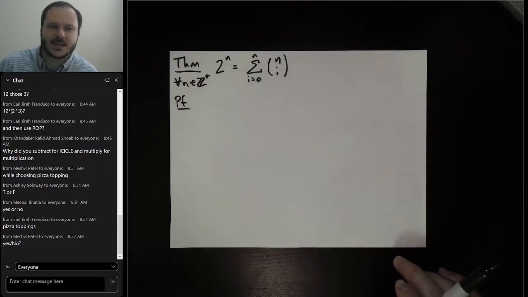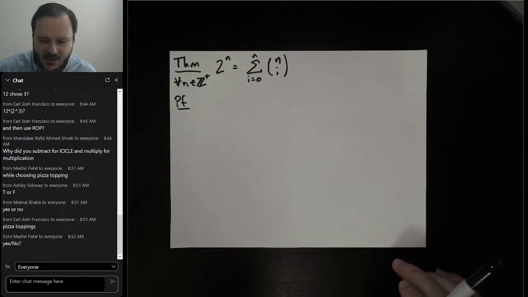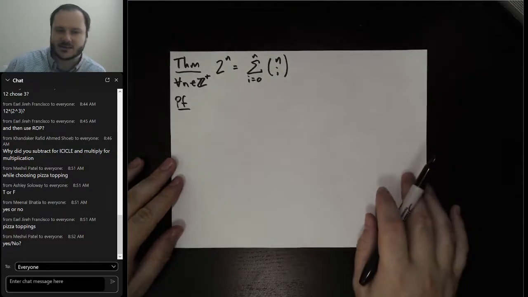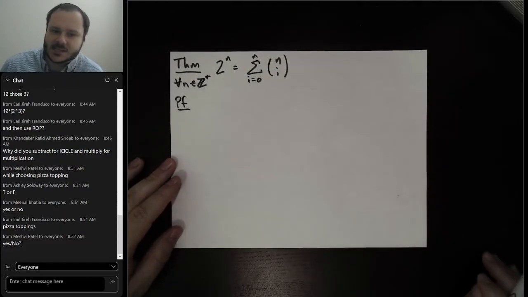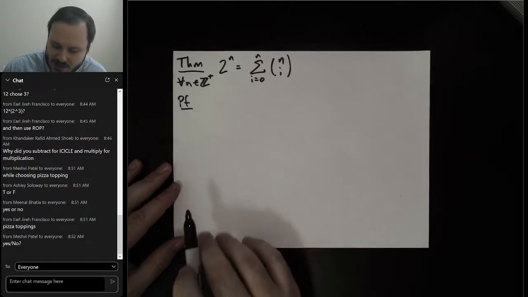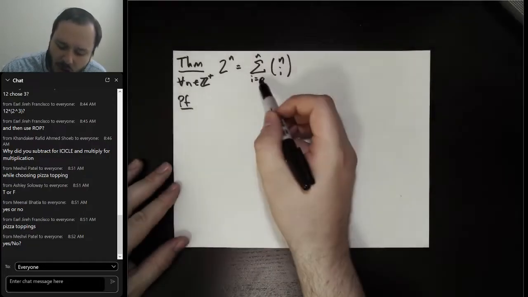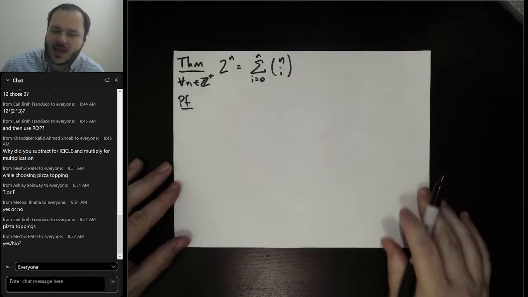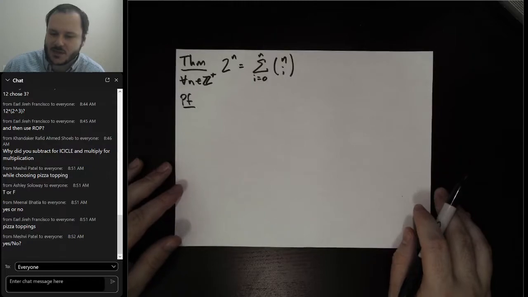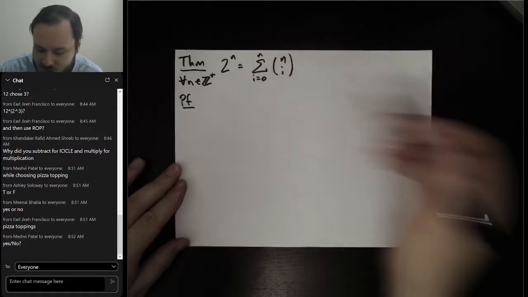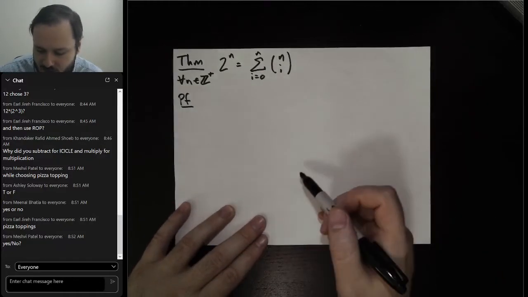It was to break it down into how many toppings we had. This is doing exactly that. It's breaking into cases based on how many toppings do we want on our pizza. If we want i toppings, there are n choose i ways to make a pizza with that many toppings. Now we just have to write that down in a proof.